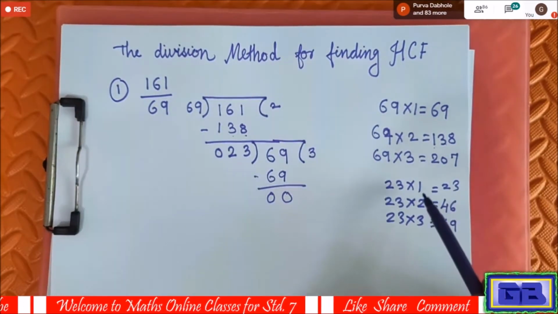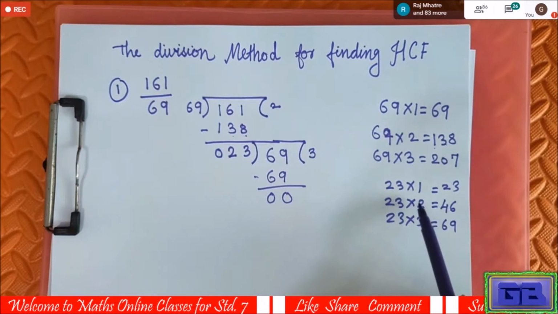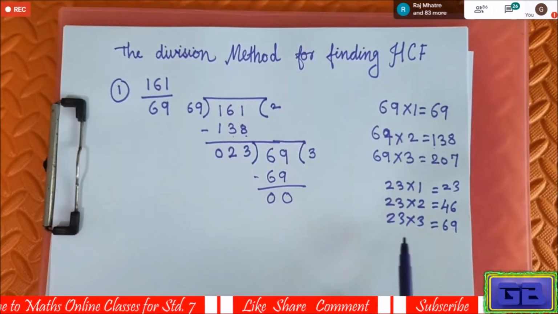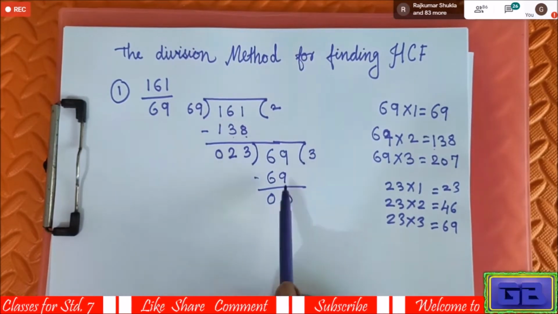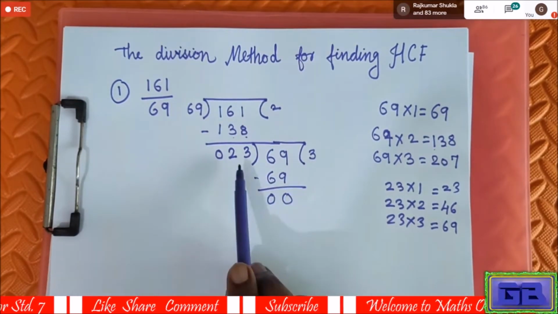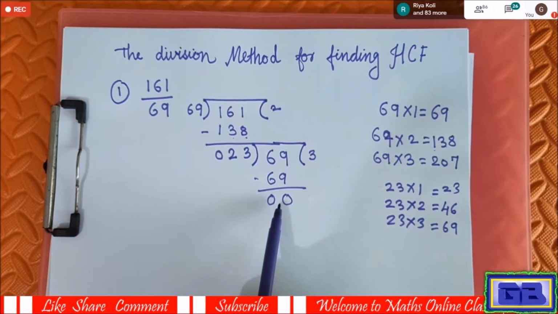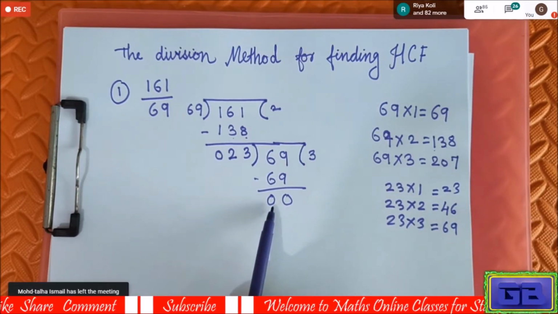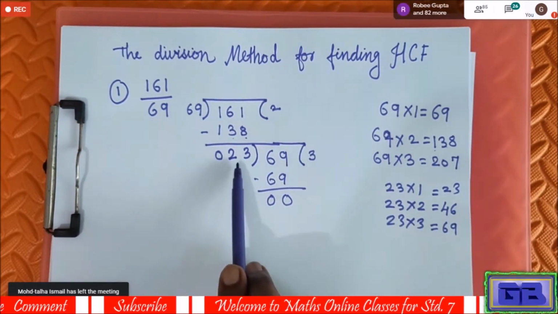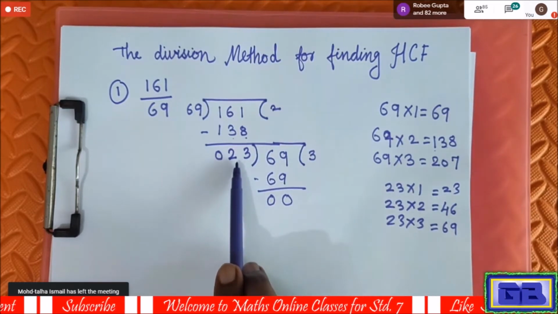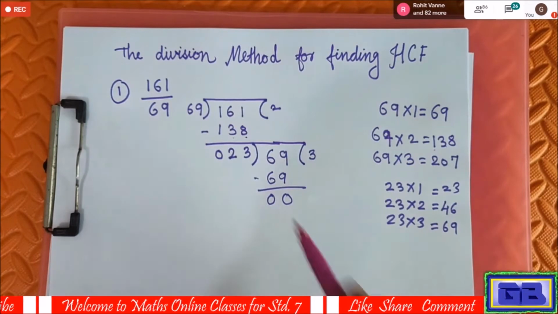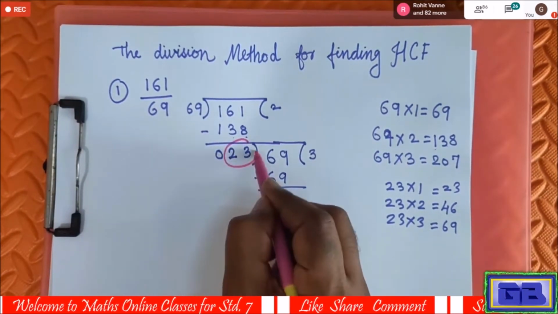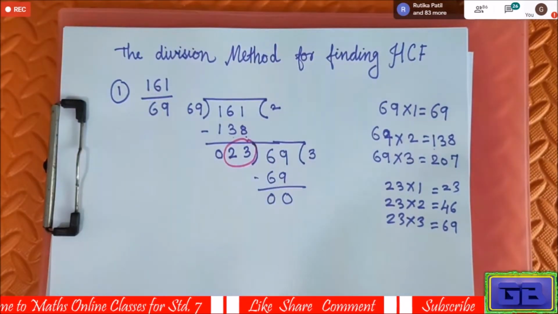Again we have written the table of 23. So 69 comes in the table of 23. 23 threes are 69, and here complete division takes place. When the remainder is 0, the number by which we have divided will be the HCF of the given numbers.